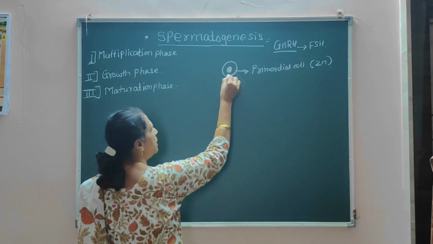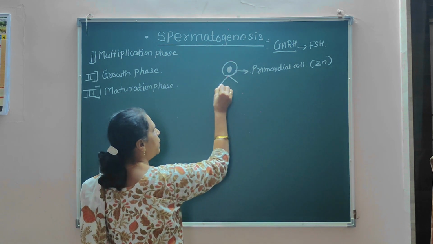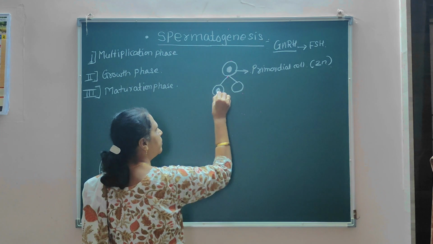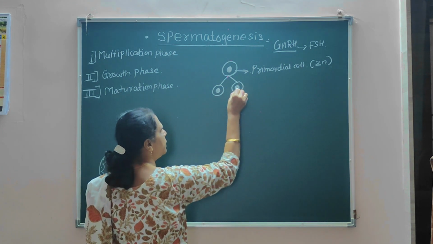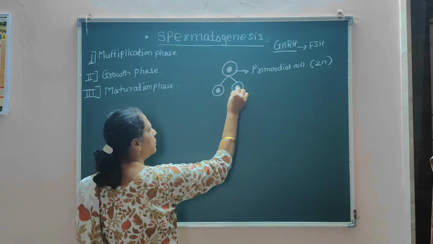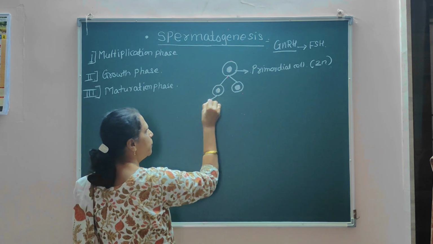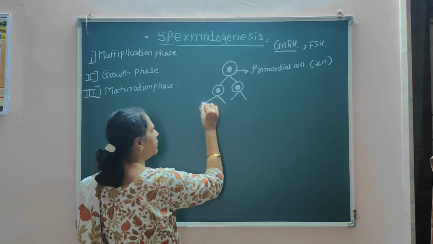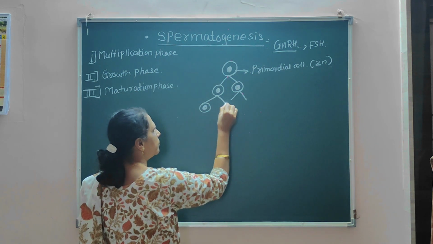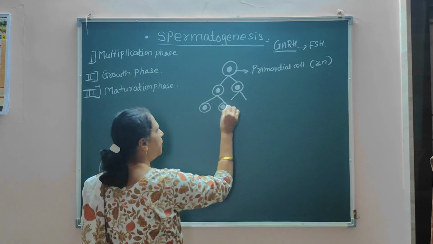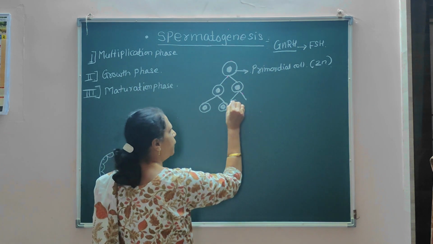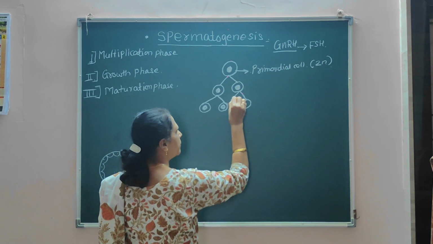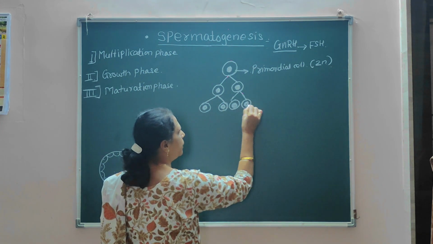So this primordial germ cell divides by repeated mitotic divisions, which forms many spermatogonia. During the multiplication phase, it forms many spermatogonia.